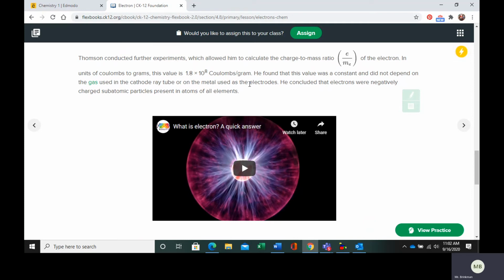He found that this was a constant value and did not depend on which gas he used in the cathode ray tube or which metal he used as an electrode. So he was able to conclude that electrons were negatively charged subatomic particles found in the atoms of all elements.